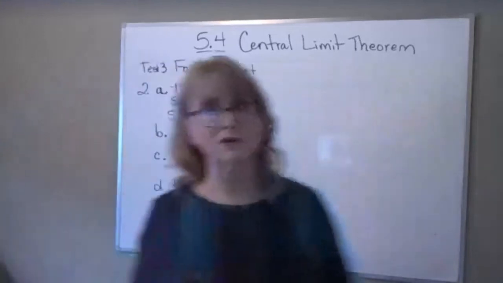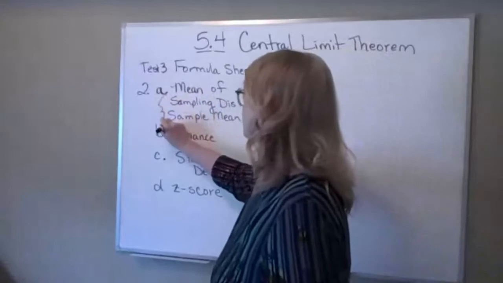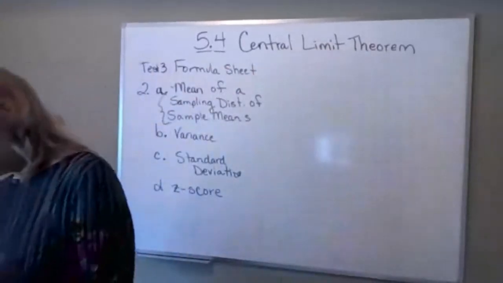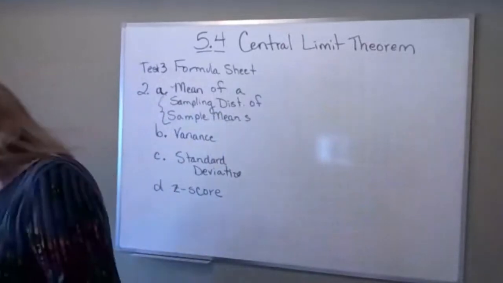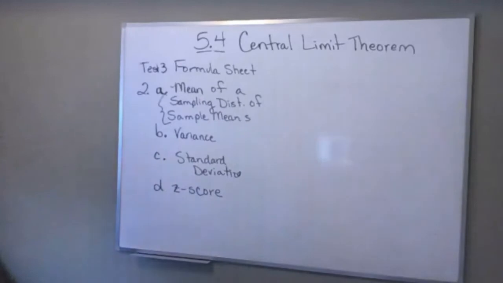So what that means is we're going to have special formulas when we're doing a sampling distribution of the sample mean. So what does that mean? That's what I'm going to show you. So a sampling distribution of the sample means.